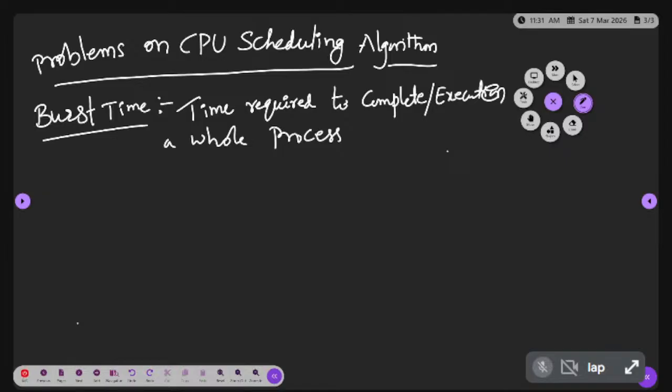You know arrival time: when the process arrives into the ready queue. When a process arrives into the ready queue, that is the arrival time. Next, completion time.